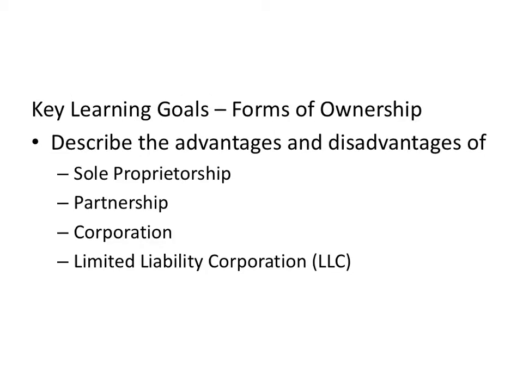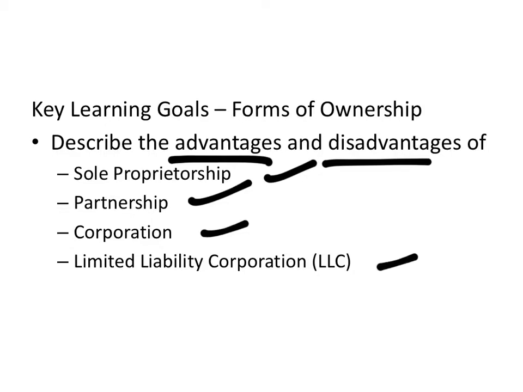So let's take a look at some specific learning goals. In this particular video, about the best I can do is allow you the opportunity for self-study. I'm just going to walk through some of the pieces of the chapter, and I strongly encourage you to go item by item through each of these forms of ownership, because I'm asking you to know the pros and cons, or the advantages and disadvantages, of a sole proprietorship, a partnership, a corporation, and a bit about an LLC, Limited Liability Corporation.